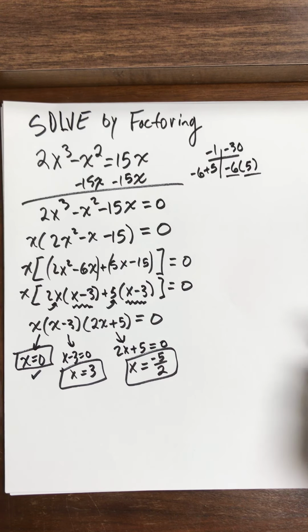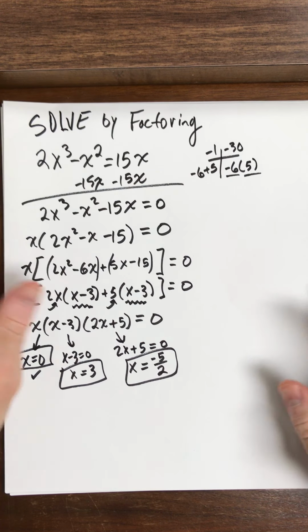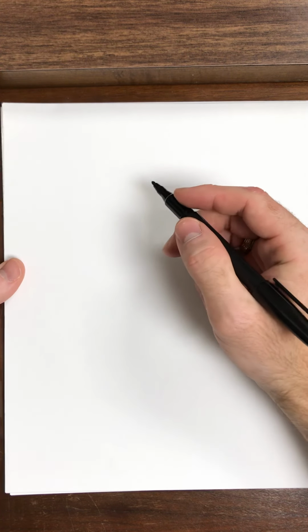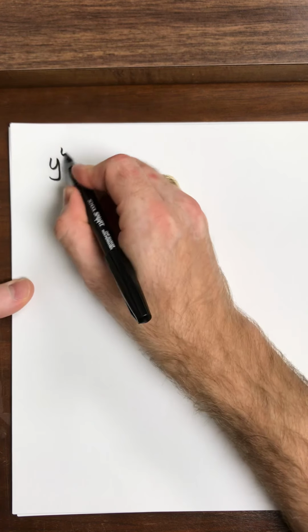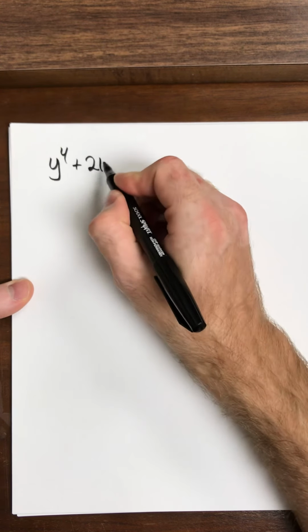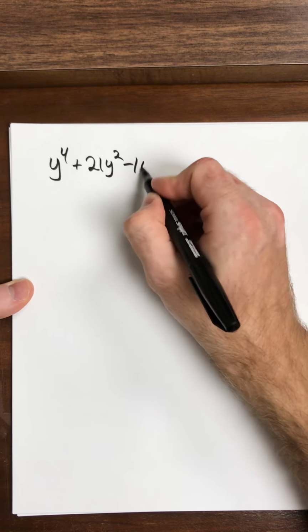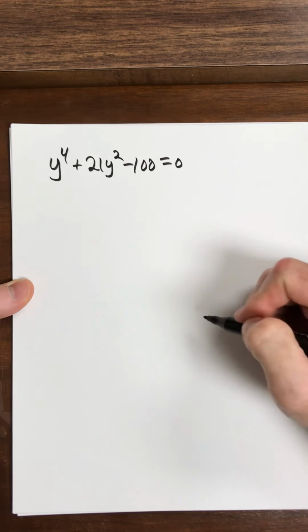All right, we'll do one more of those. Say I had y to the 4th plus 21y squared minus 100 equals 0.